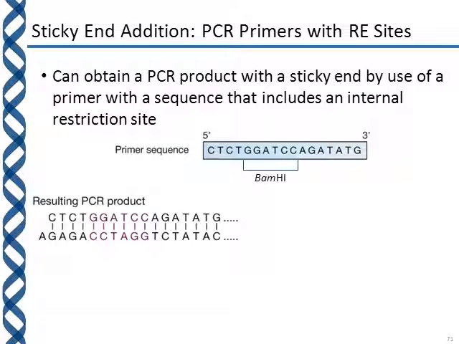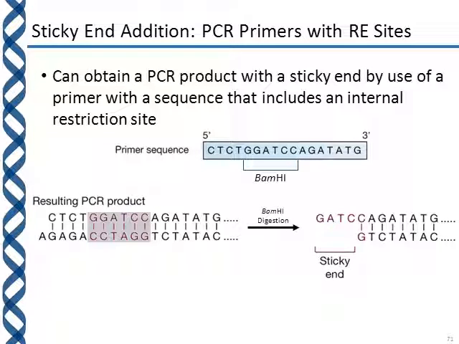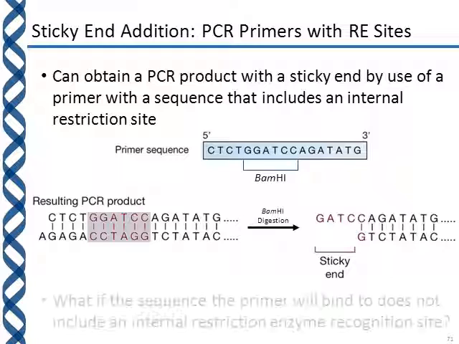The resulting PCR product has incorporated this BamHI site. Following BamHI digestion, this PCR product now has a sticky end based on the BamHI digestion.